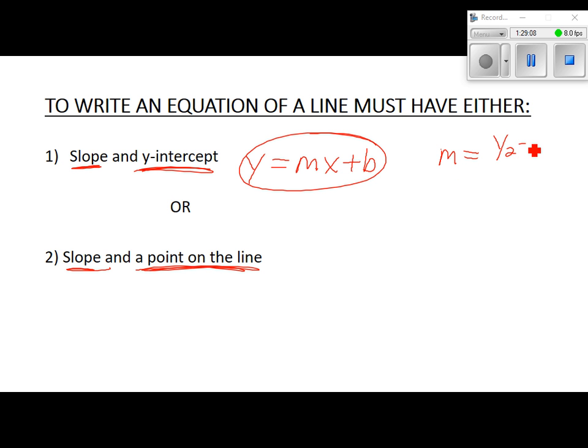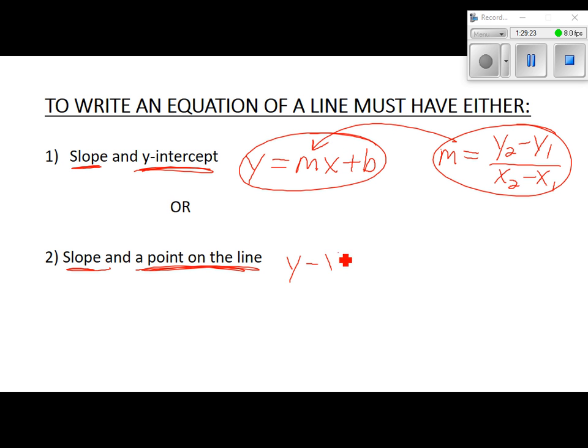This is the slope formula. The slope formula you got to use to find this m so you can write something in slope-intercept form. And then the second one, point slope form, y minus y1 equals m times x minus x1. All we're going to do with this, plug into these 3 spots.